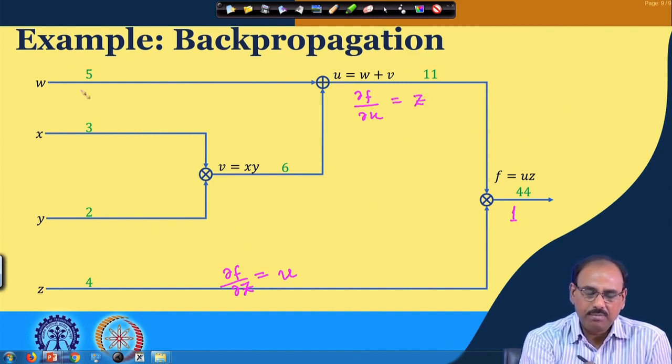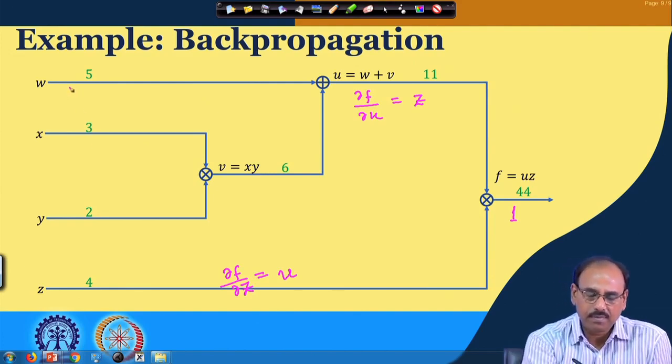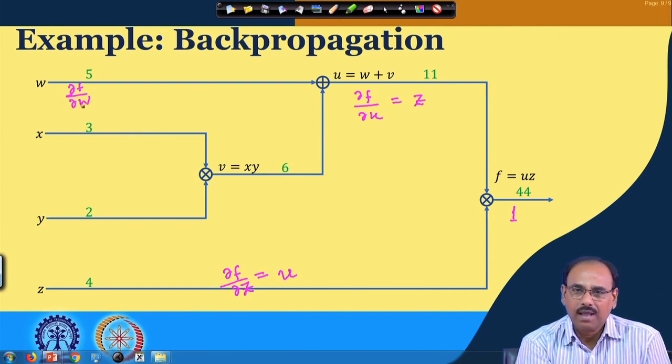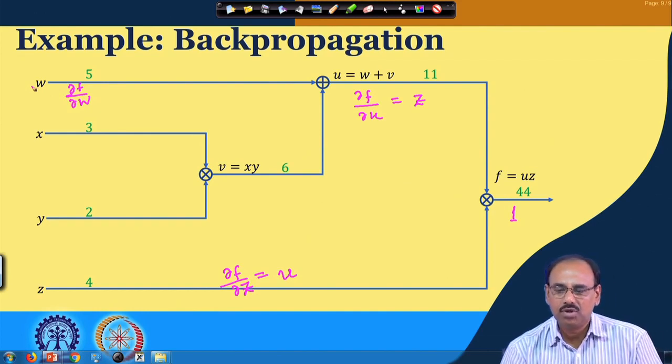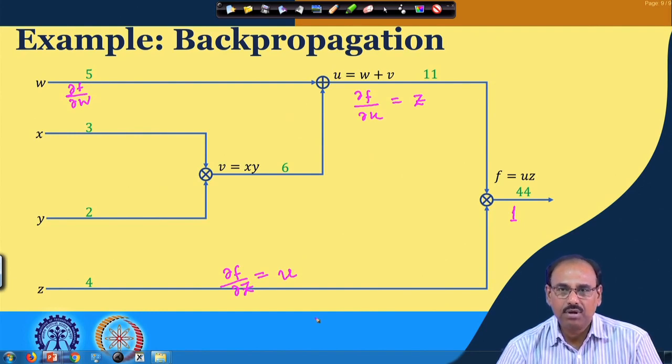Here what I need to compute is the value of del f del w. And as we said, because f is not directly visible to w, I cannot really compute del f del w directly. So, for doing this, I have to make use of the chain rule.